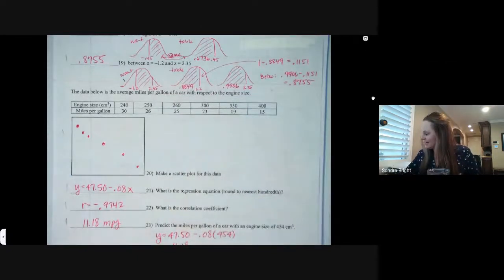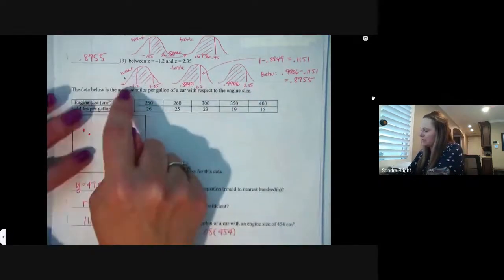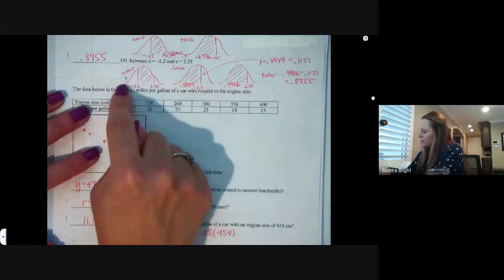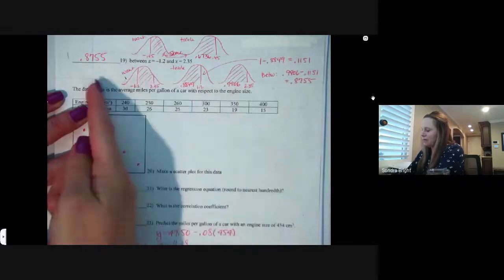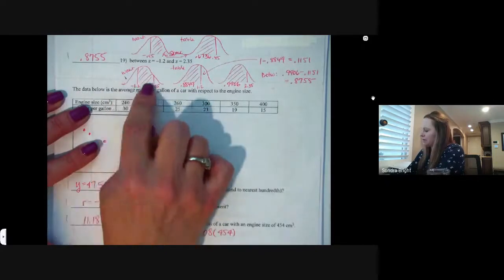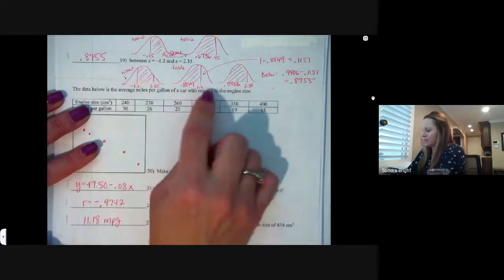What I did was I figured out what is this area to the left of negative 1.2, because 2.35 and all to the left would include this white area. But if I subtract out this white area, then it'll give me just the area in between here and here. So I found the area to the left of positive 1.2.